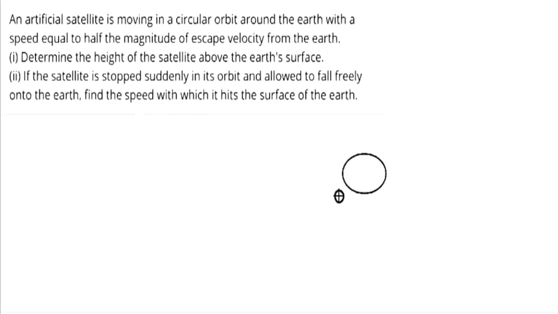Let us consider this to be our Earth, and this to be the orbit of the satellite which is rotating around this Earth. So now let us consider the radius. The radius of the Earth is R, and the mass is M.